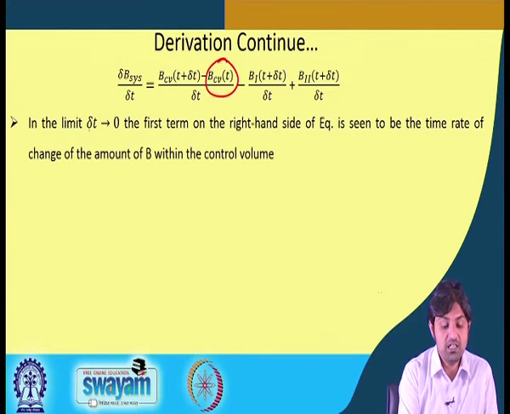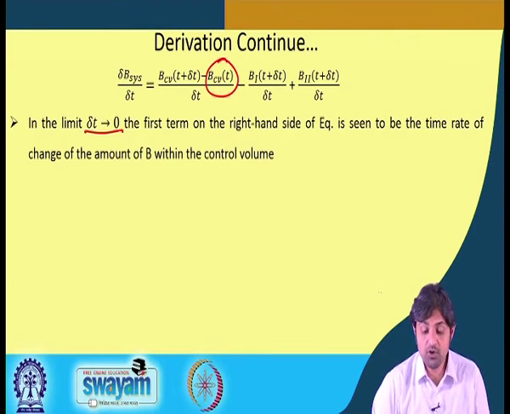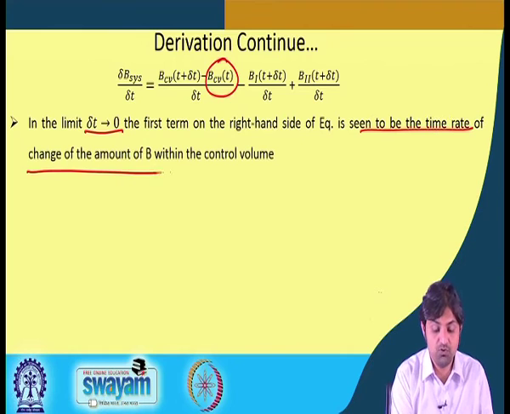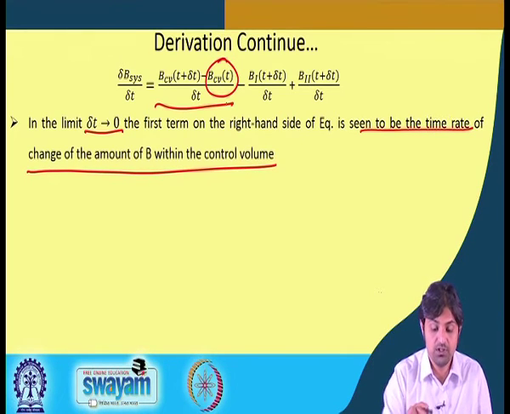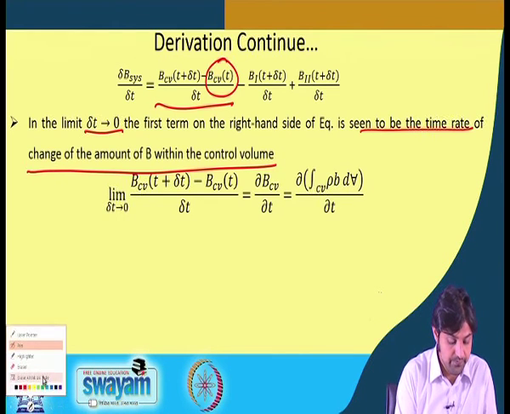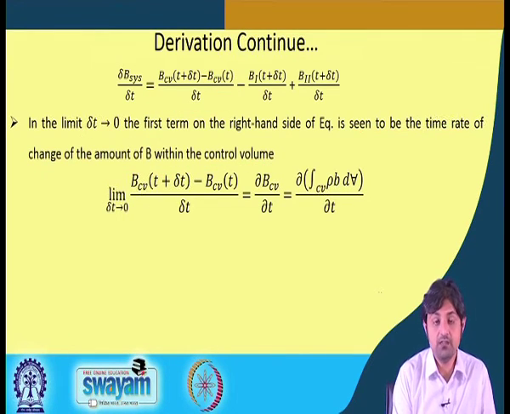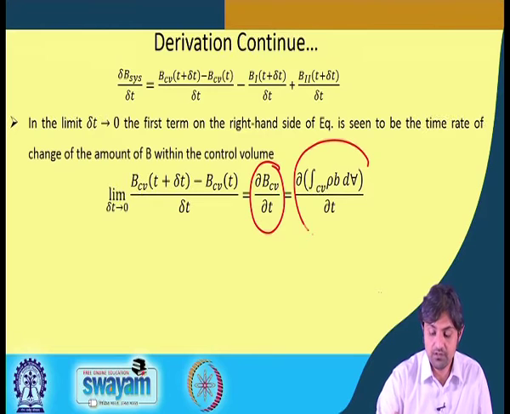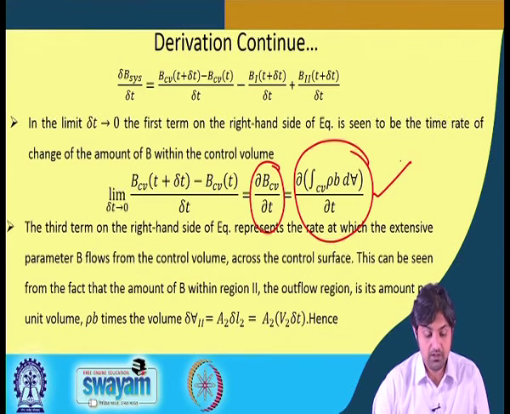So in the limit delta t tends to 0, the first term on the right hand side of the equation is seen to be the time rate of change of the amount of B within the control volume. So this one, the limit of B CV at t plus delta t minus B CV at t by delta t, can be written as del B CV by del t, or the integral of this, which we have seen in the previous slide.